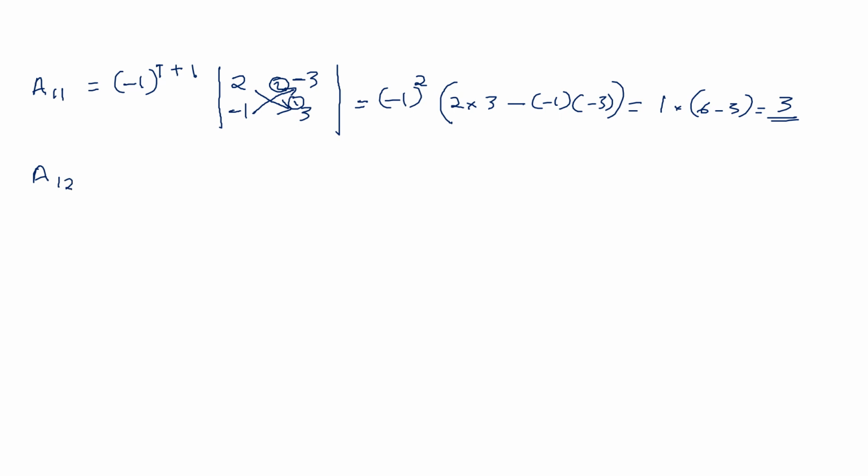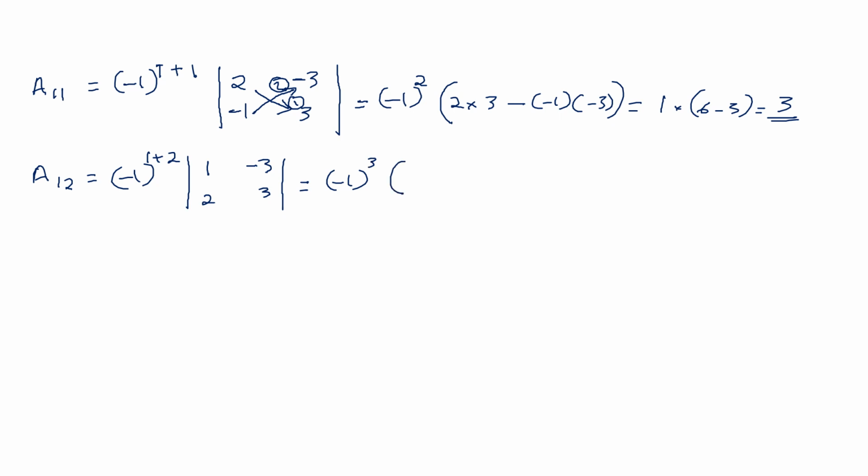So A12 is minus 1 to the power 1 plus 2 into the minor, that is 1 minus 3, 2, 3. Okay, so this is minus 1 to the power 3. So minus 1 to the power 3 is how much?